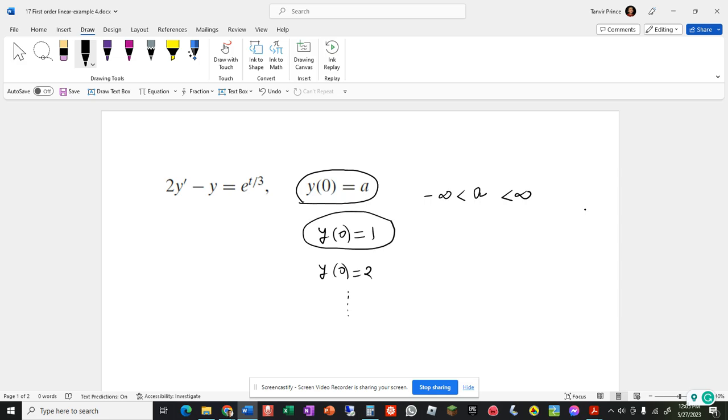You can substitute a equal to 2 to find the solution for this initial condition, and so on, right? And then the actual question here is, is there any critical value of a, is there any important value of a for which the solution distinguishes between two sides?